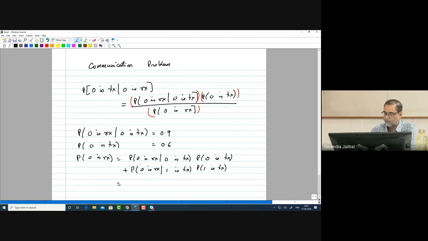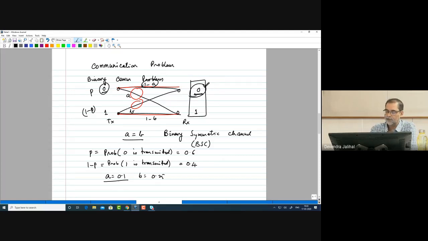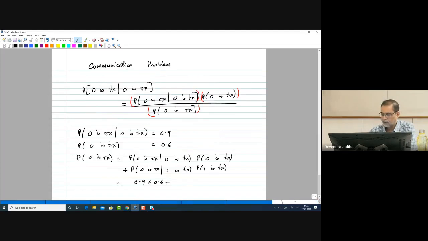And that becomes 0.9 into 0.6, plus, 1 is transmitted, 0 is received is b, which is 0.25, 0.25 into 0.4.